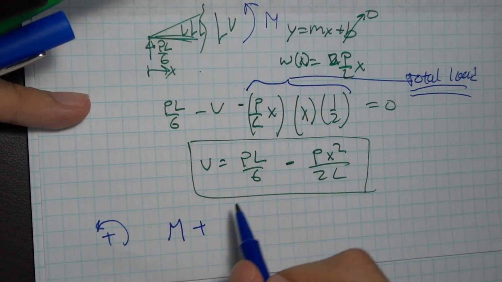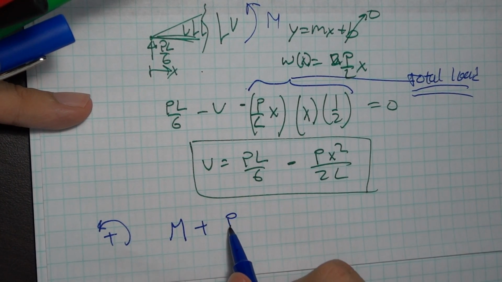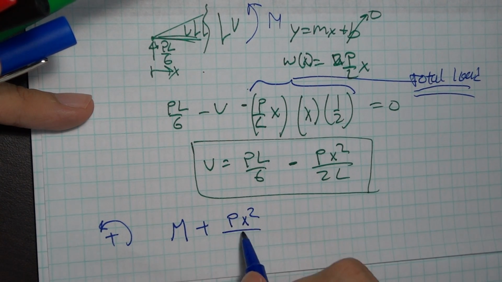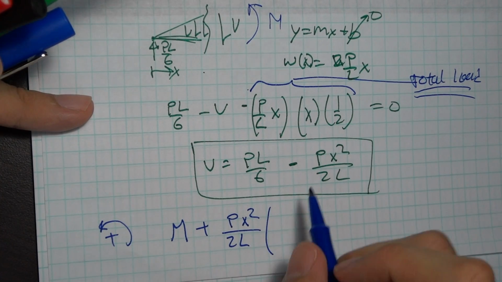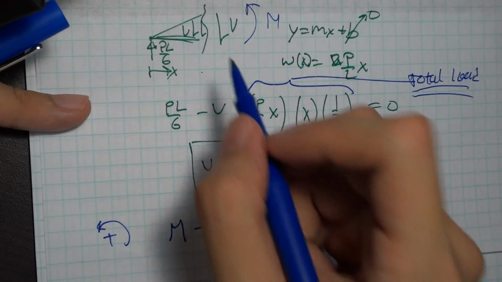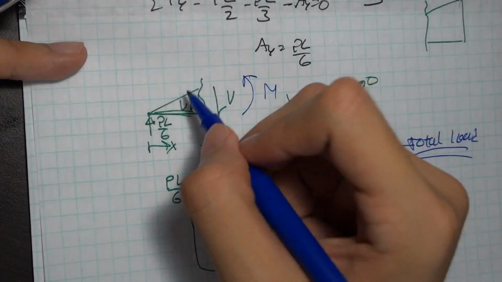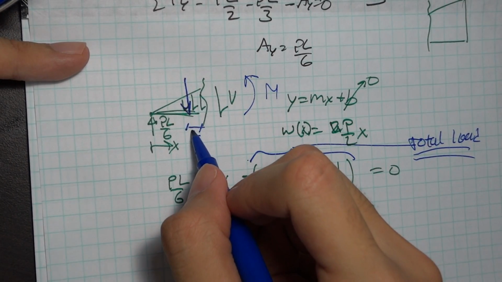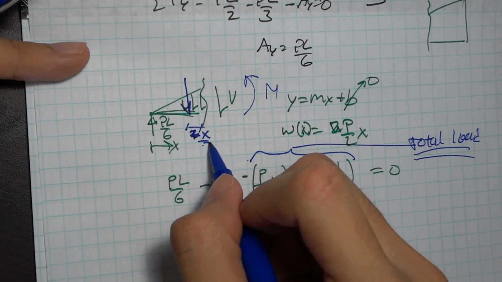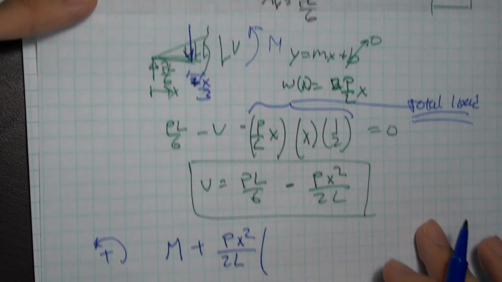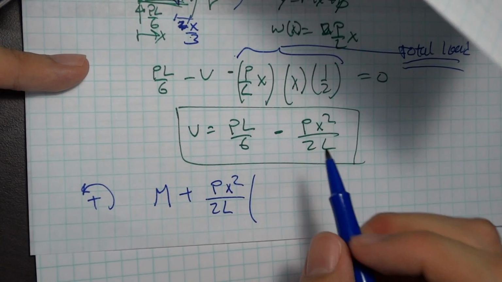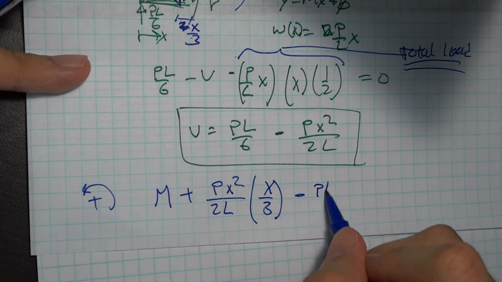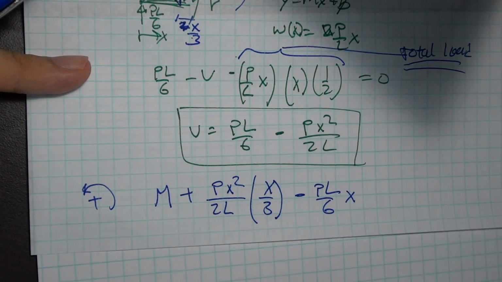So if I take the total load, I need to multiply it by the distance. Well, what's the distance? The distance from the cut to the point that I'm interested in is just x over 3, right? So over here, the distance to my cut is x divided by 3. And then my reaction is PL over 6 times x.